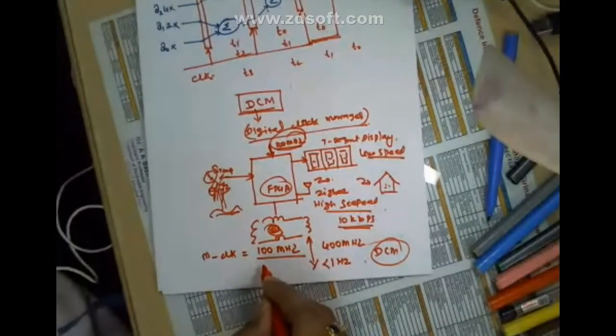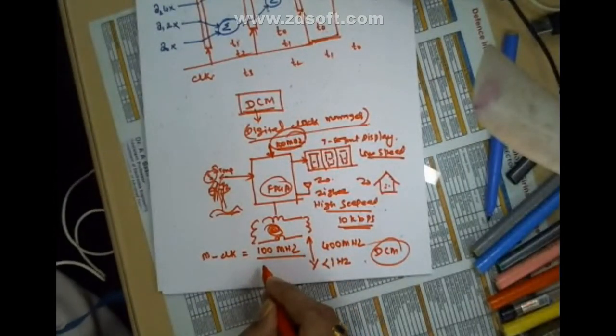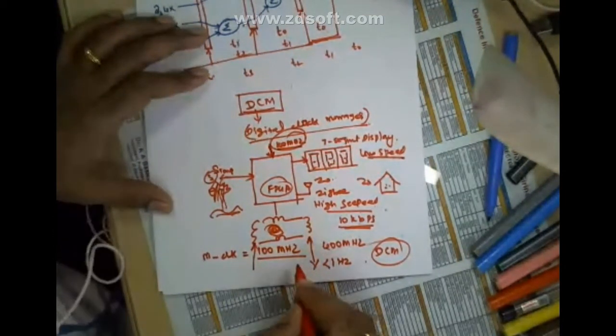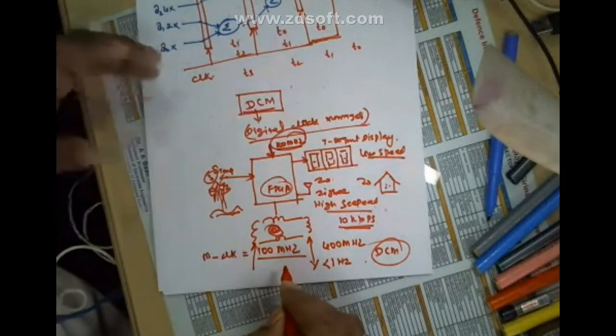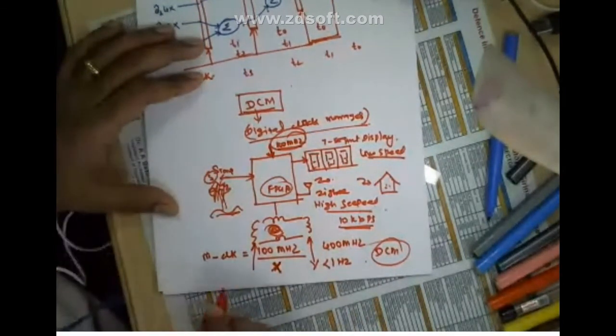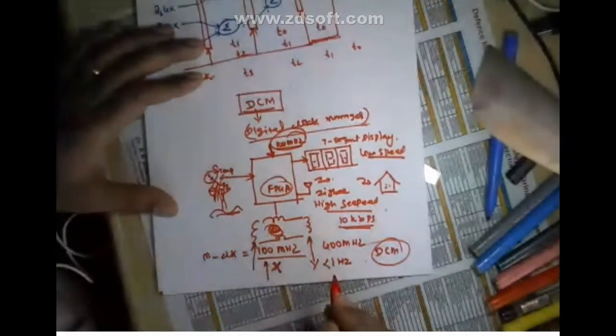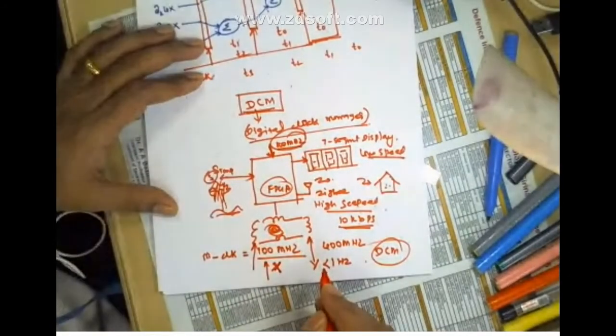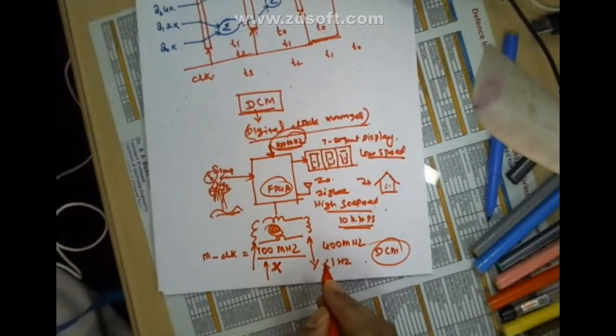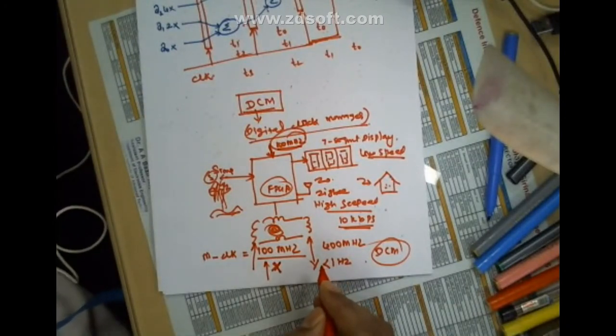Interpolation means increasing the sampling, increasing the clock speed. For that we need to do a multiplication operation. For increasing the clock, you need to multiply the onboard clock by a certain factor, maybe 2, maybe 4, maybe 5, maybe 6. You understand, no?